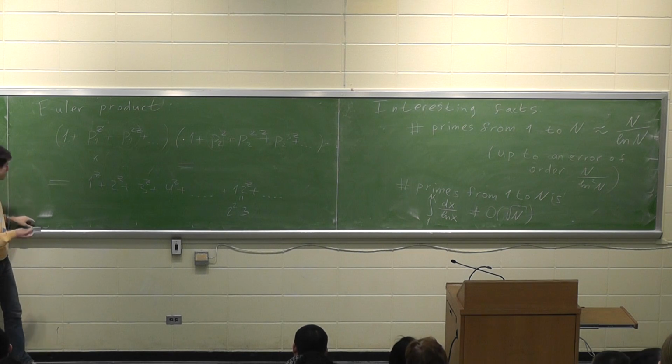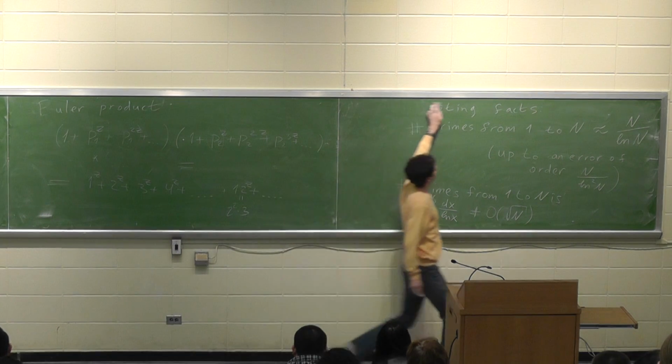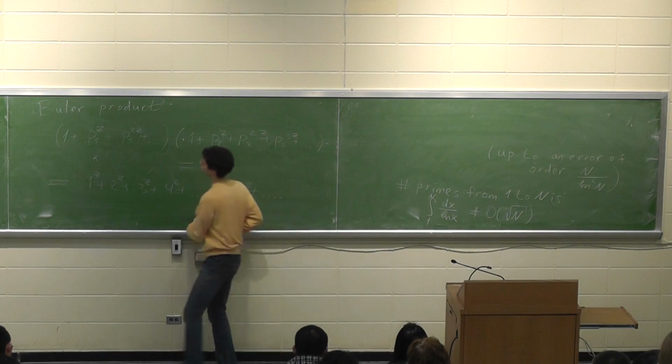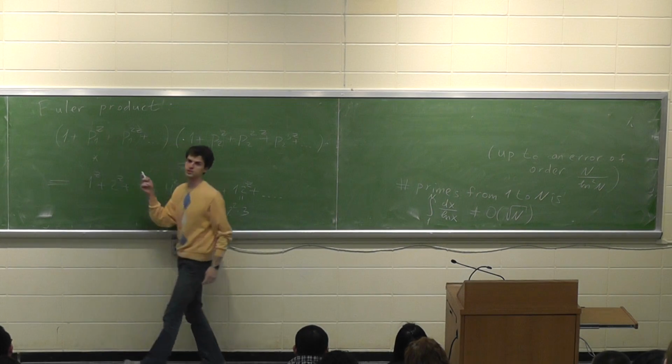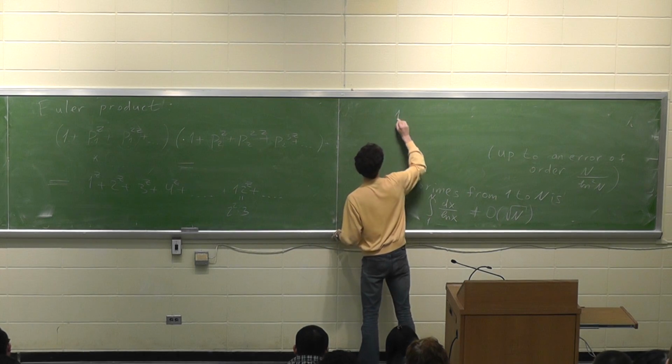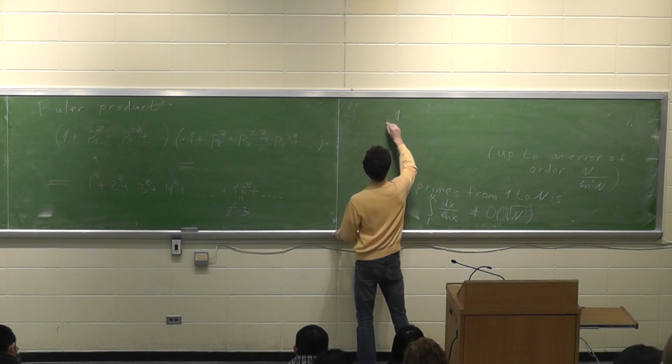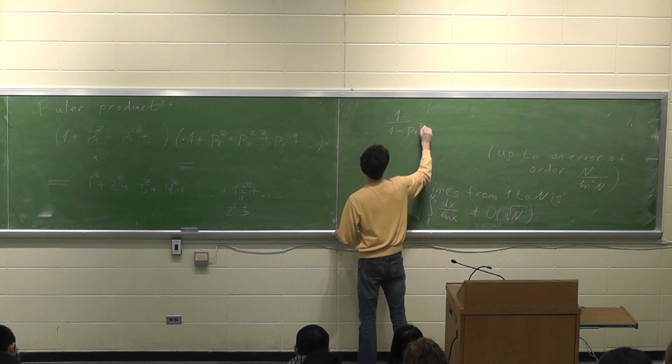What is the first product? It's a sum of a geometric progression whose term is p1 to the power z. So its sum is 1 divided by 1 minus p1 to the power z.